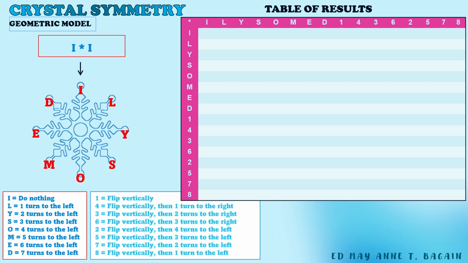That is why we have here the answer I. So if we try to do it to everyone: I star L, I star Y, I star S, I star O, I star M, I star E, I star D, I star 1, I star 4, I star 3, I star 6, I star 2, I star 5, I star 7, I star 8. It will come out the same as the letters or the elements at the head, or at the first column and first row. And this will happen.